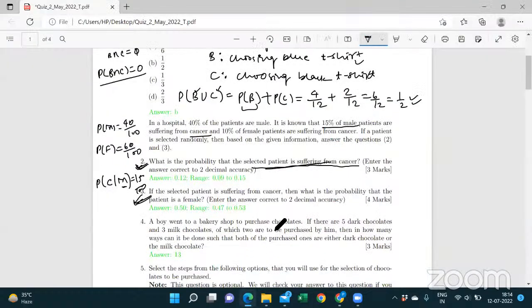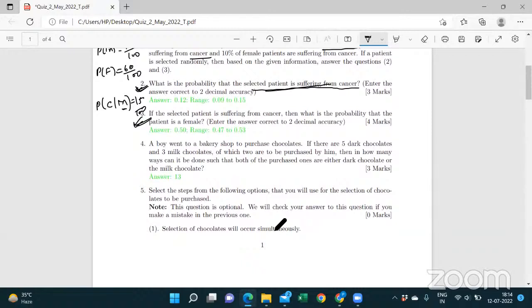Okay, so we need to move to the next question. Till this point, does anybody have any doubt till question 3? No doubts, okay. Sir, have you solved question 3?